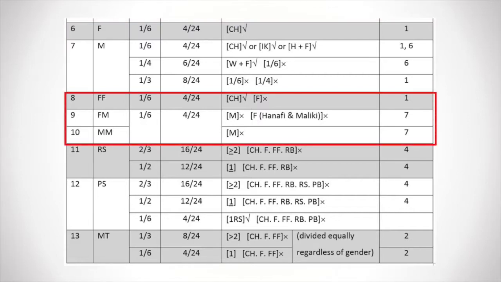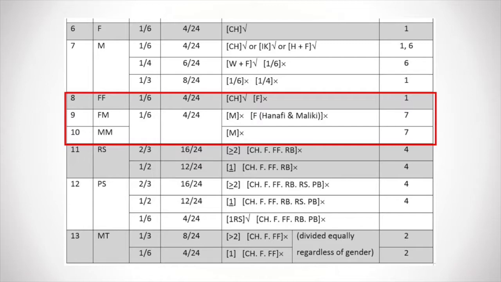Next line is the father's father or paternal grandfather. Father's father will get 1/6 of a share if there is children present and there is no father. So again, in the presence of a father of a dying person, the grandfather would not get anything. But if father is not there, then grandfather is eligible for 1/6 if children are present.